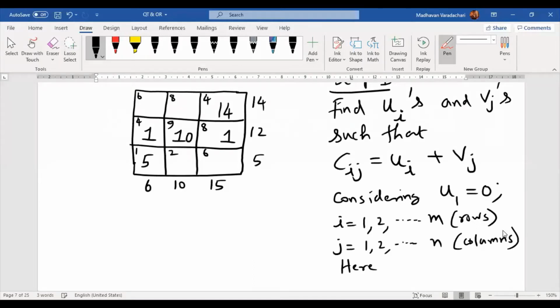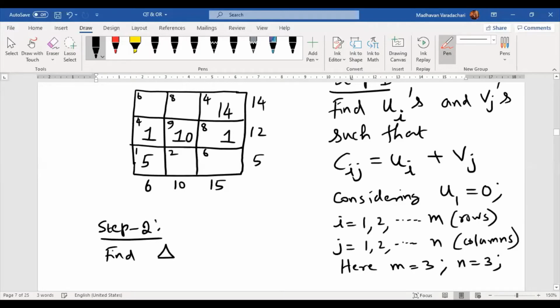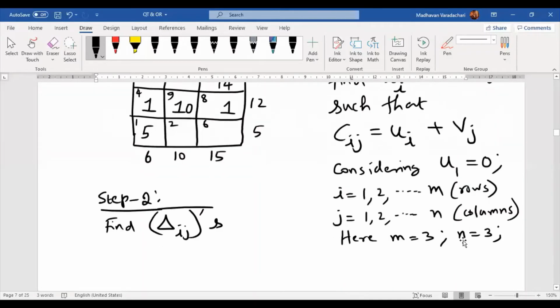Here M is equal to 3 and N is also equal to 3, because the number of rows is 3 and the number of columns is also 3. So this is the first step. Then step 2. Find delta ij's.